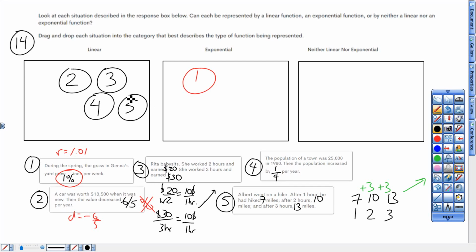And again, if this was not going up by the same rate, like maybe instead of 13 right there I had 15, then that would have put it in the neither category. But for this example, it went up by the same. That is linear.